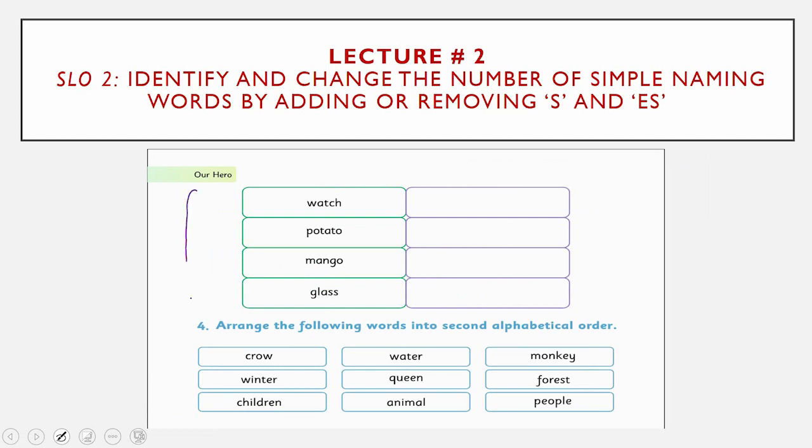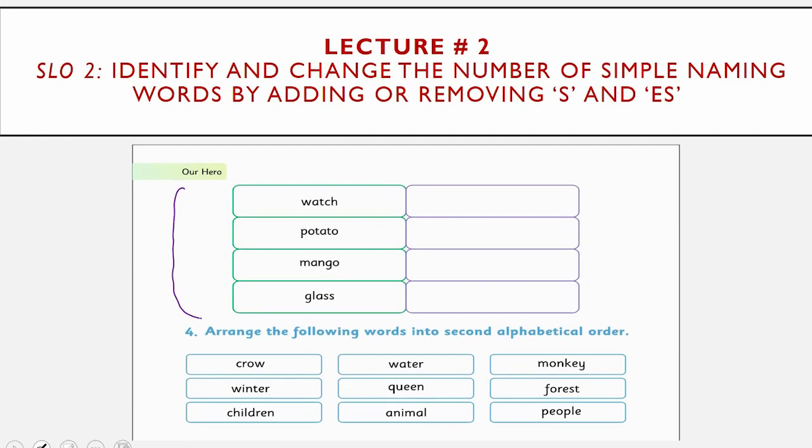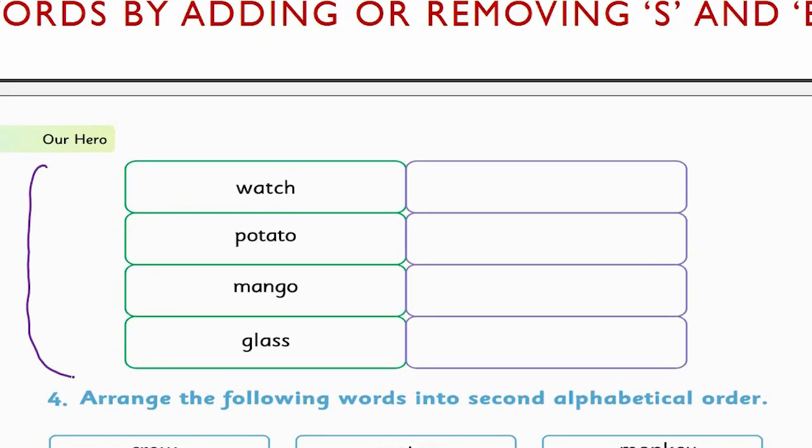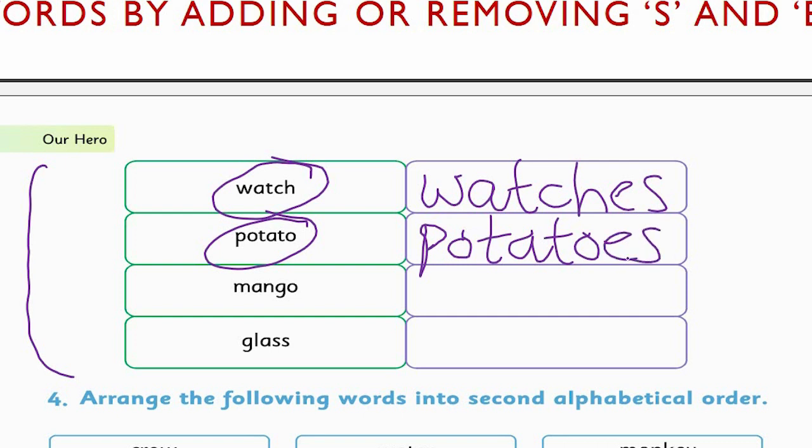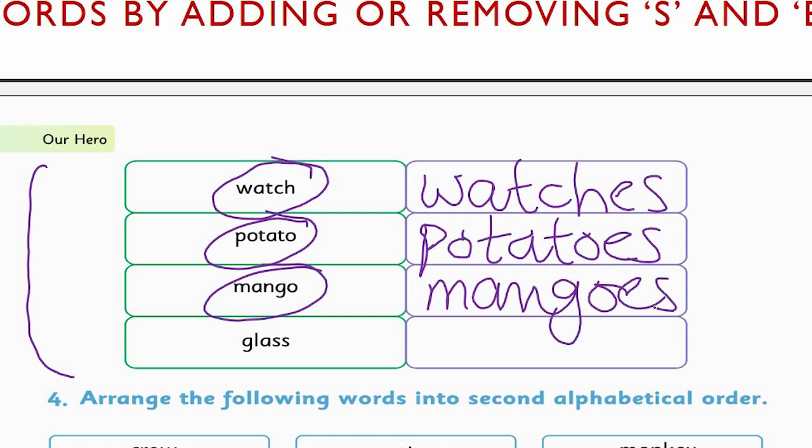because the rest of the words are mentioned here on top of page number 13. Watch, watches. Potato, potatoes. Mango, mangoes.